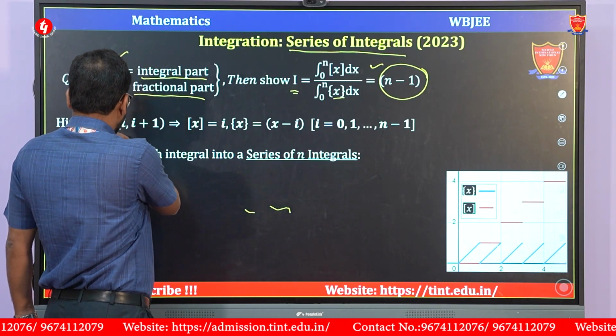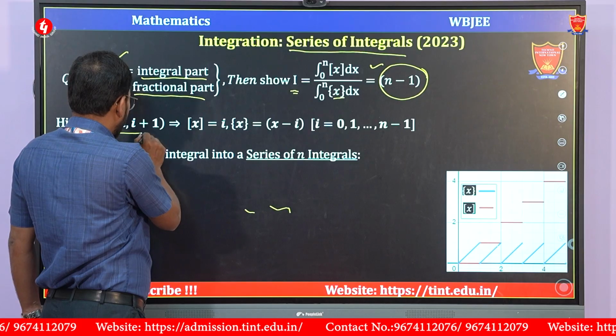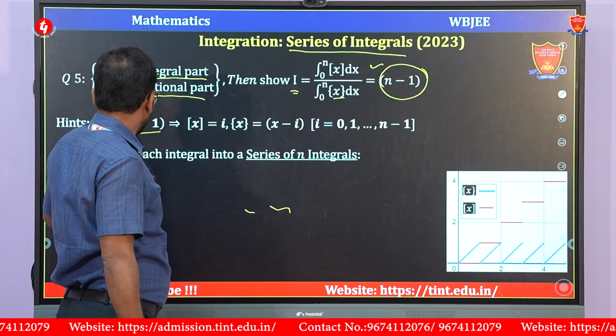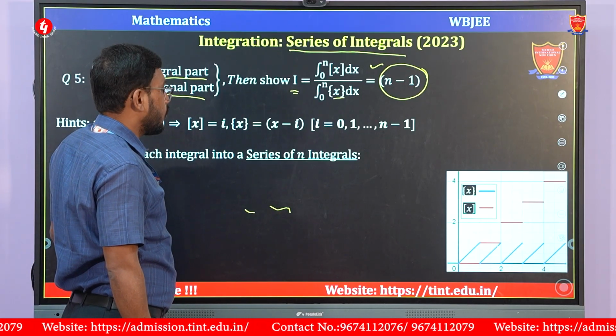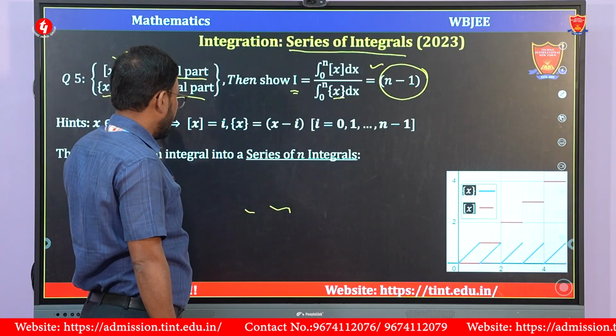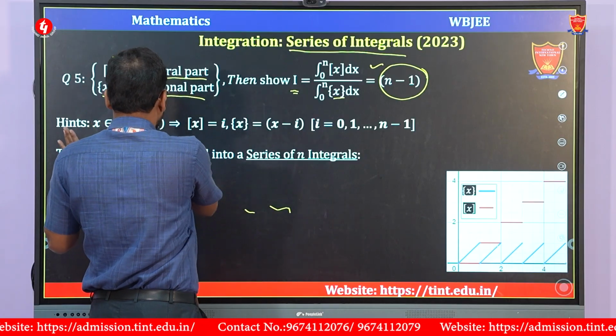Here we consider x in the interval I to I plus 1, where I is the closed end and I plus 1 is the open end. Within that, what is box x?